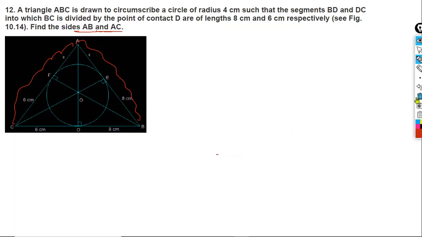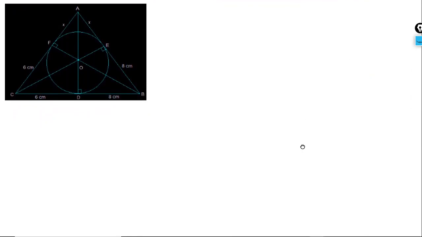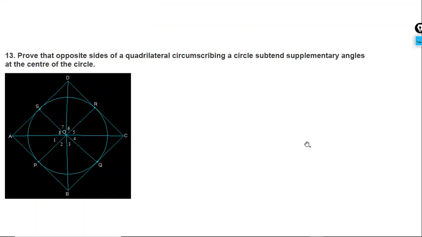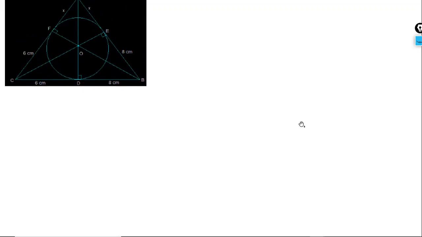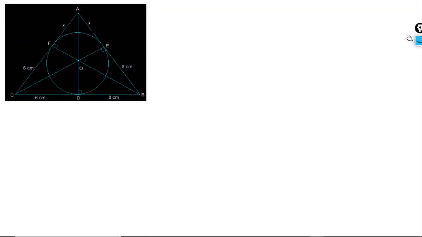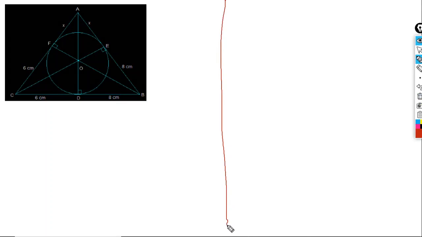So let's try to do it. Just look at the figure. What is given to us? Given is CD equal to 6 centimeter, BD equal to 8 centimeter.